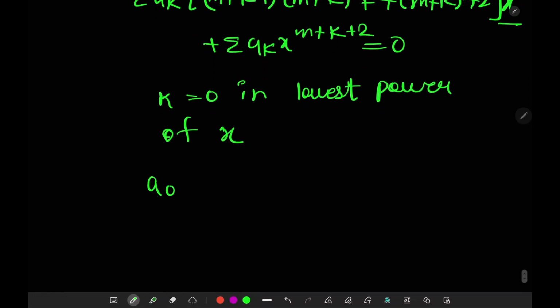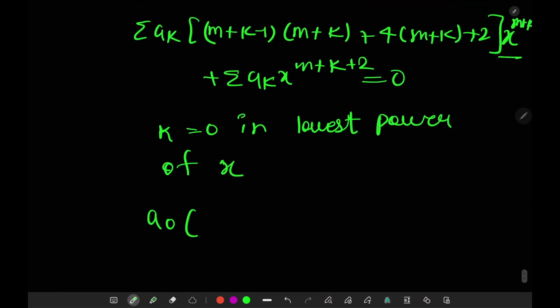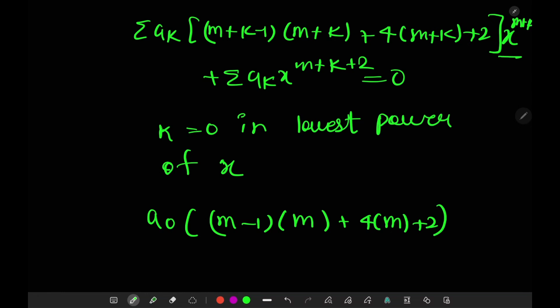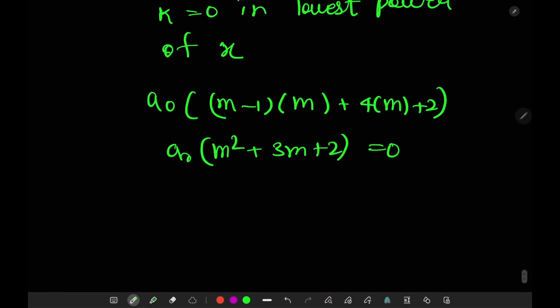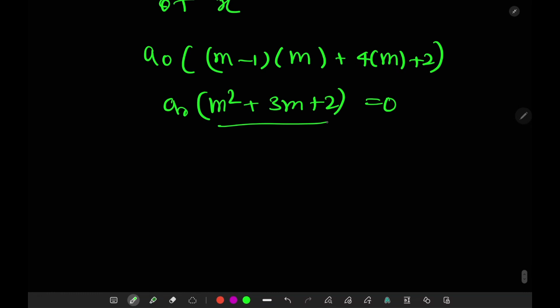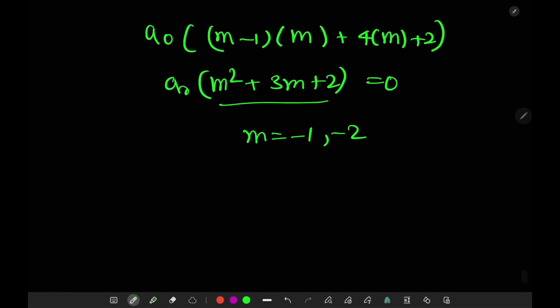So we can get a naught here. A naught does not equal to 0. We can find the factor m is equal to minus 1 and minus 2.